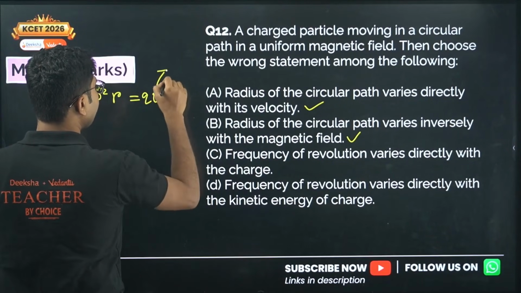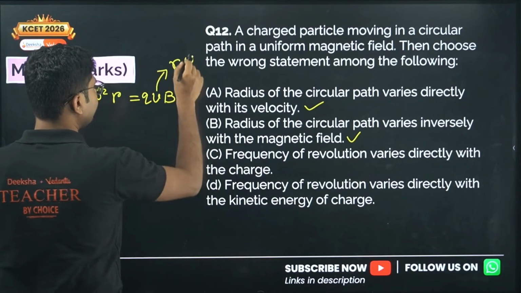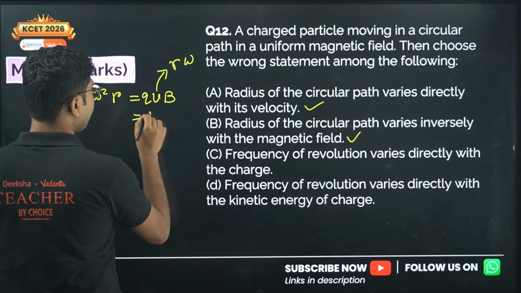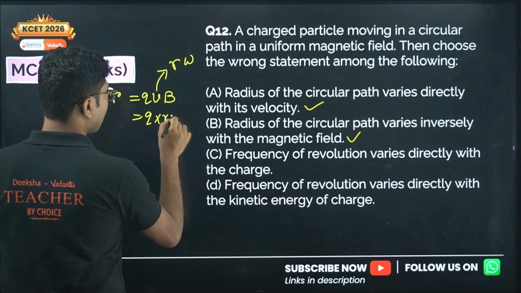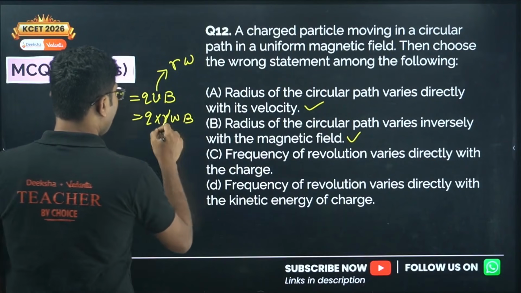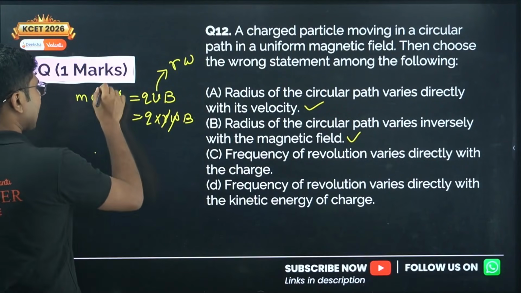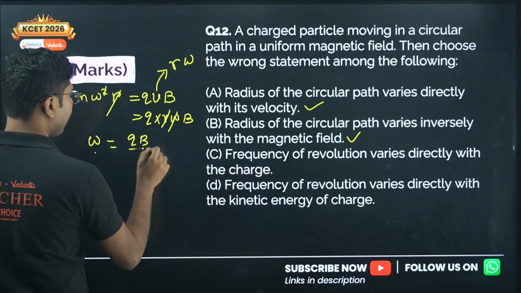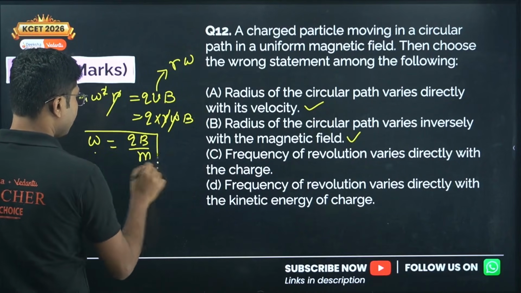Now v is given by r omega. So let's put that: q into r omega B. So r cancels, one of the omegas cancels, and we get omega equals qB by m.